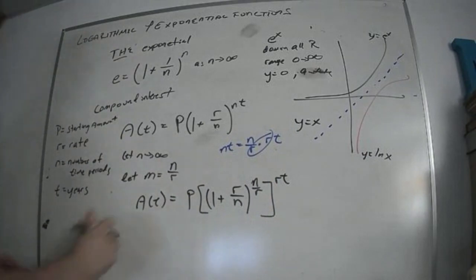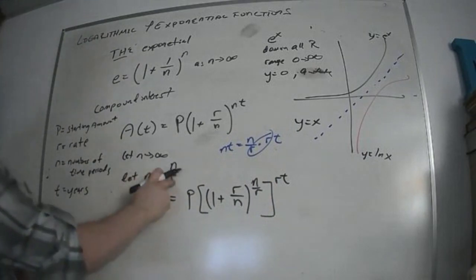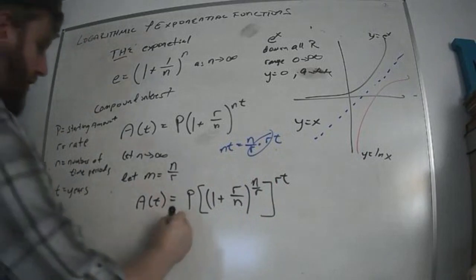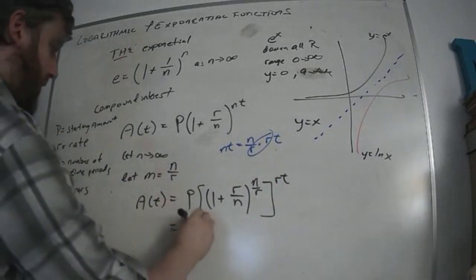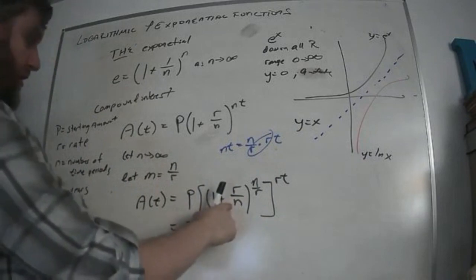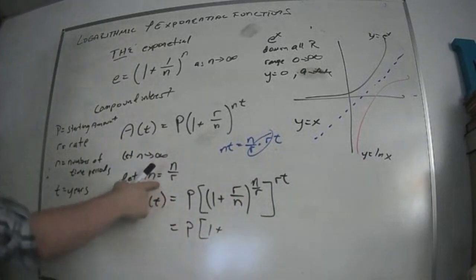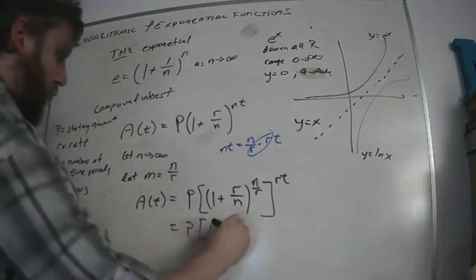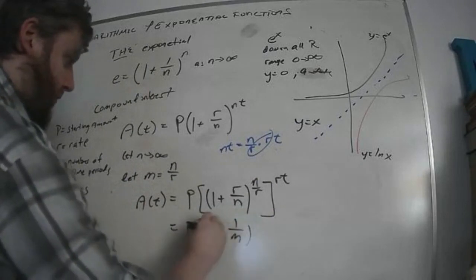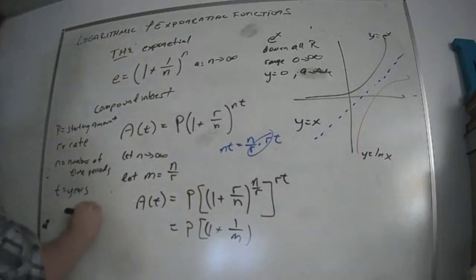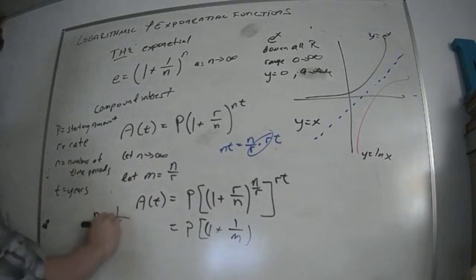Now, I've made this assumption, so I can change a variable. I can say that e equals 1 plus r over n. M is n over r. This is 1 over m. Right, so I can say that n over r equals 1 divided by r over n.